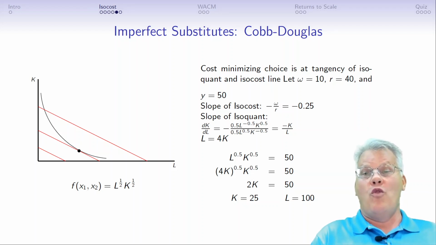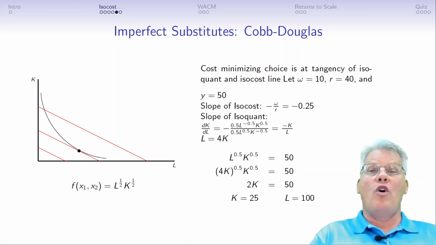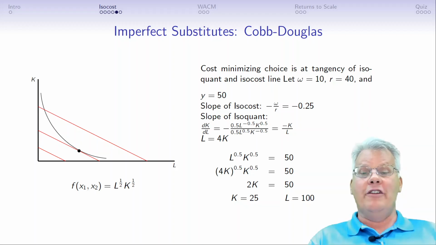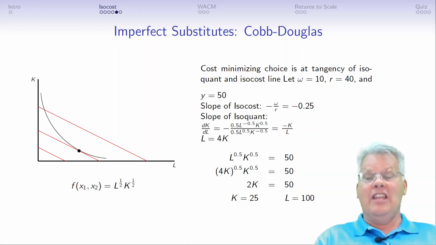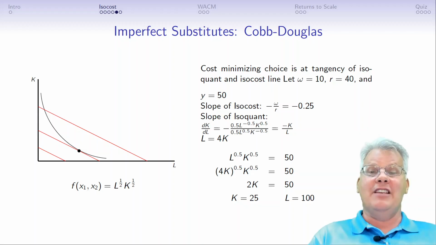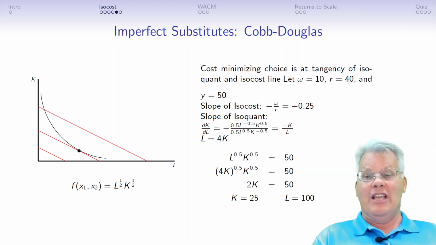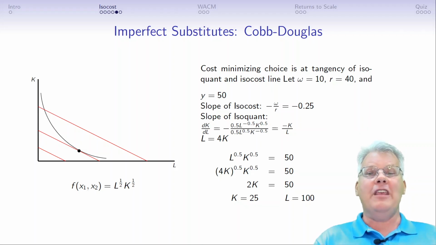So in other words, the firm needs 4 units of labor for each unit of capital. I can substitute that relationship into the production function and find out the cost minimizing quantities of capital and labor, given I want to produce an output level of 50.